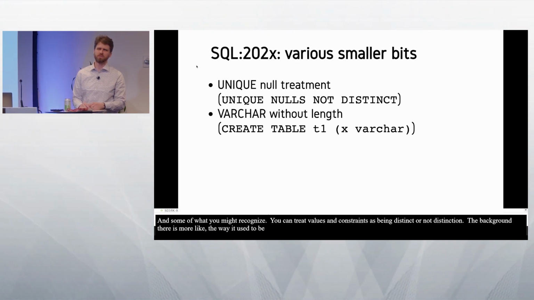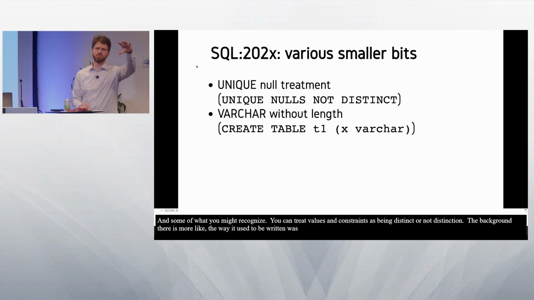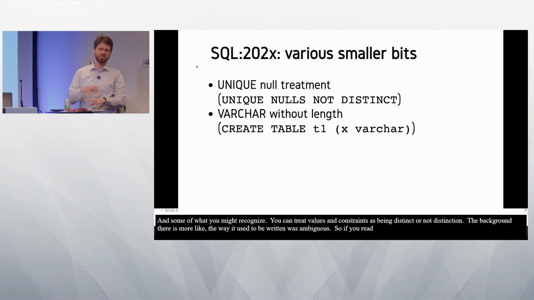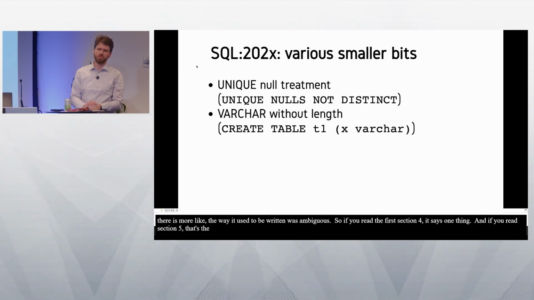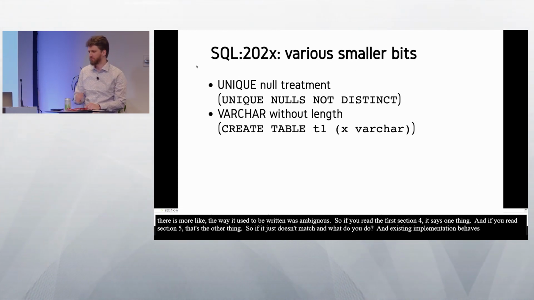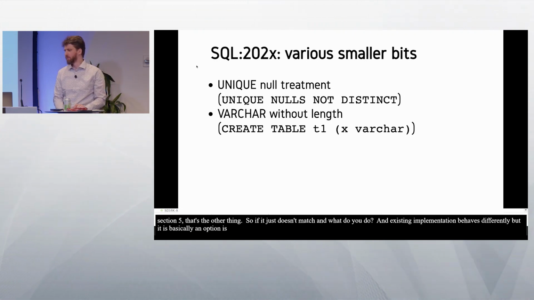If you read section 4, it says one thing, and if you read section 5, it says the other thing. Somebody noticed, wait, this doesn't match, so what are we going to do? And then existing implementations already behave differently, so basically an option was added, as you do. So this is in Postgres 15 now, actually.